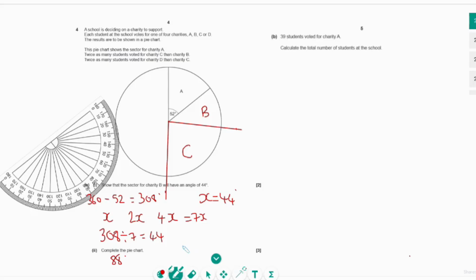No, times 4, sorry, which is 176 degrees. You can measure that last one, but I can see it is about 176 degrees. You can measure it to check that the rest of your pie chart is correct.